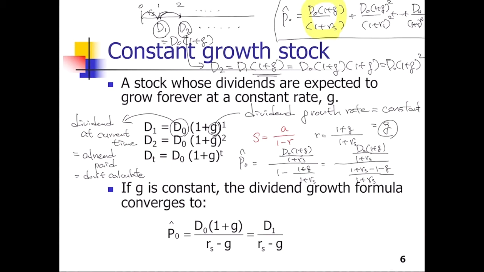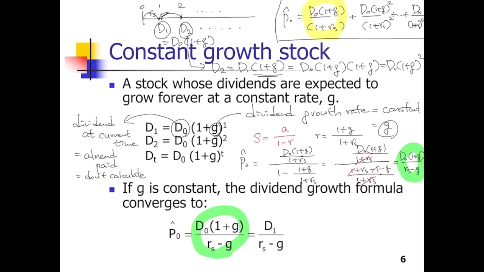And then we can cancel these out, right? So finally we get D0 times (1 plus g) over (Rs minus g), right? And this is the same as this. So we get the general formula of the constant growth model.